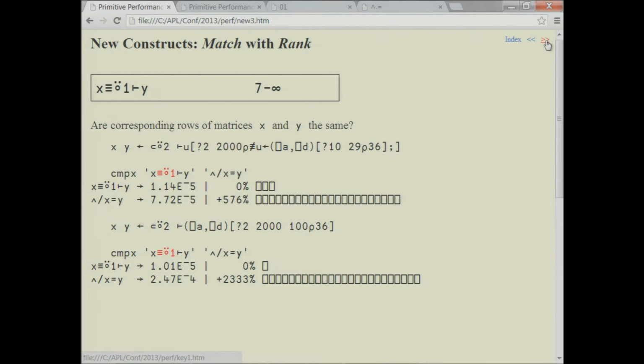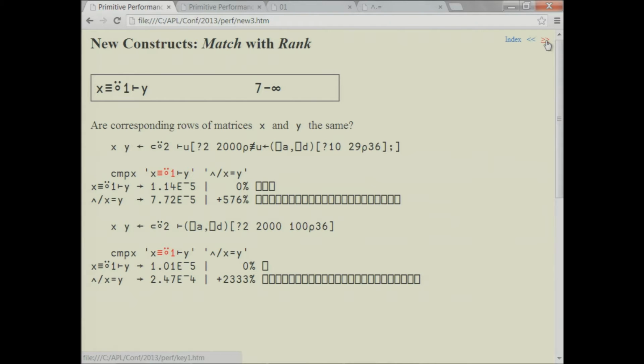Next construct is match with rank. And the problem is, are corresponding rows of matrices X and Y the same? So I generated some random matrices, and it's faster than what you can do before.